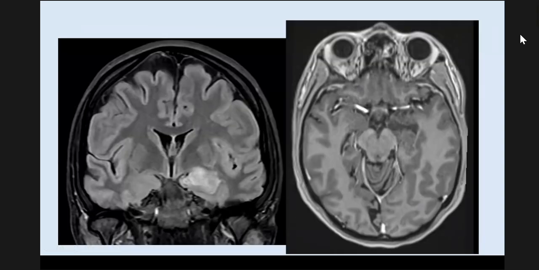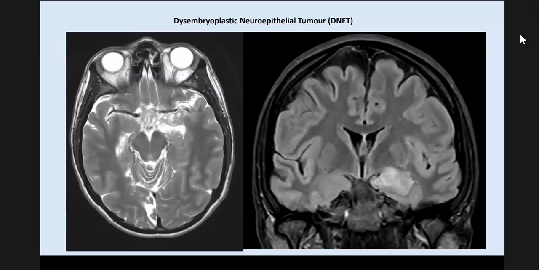And on the T2-weighted coronal FLAIR images, you can see the abnormal thickening and T2 hyperintensity. Post contrast, there is not really any area of enhancement. So this is a DNET, giving the typical bubbly appearance of the lesion. No prizes for guessing, often associated with epilepsy, as we know.